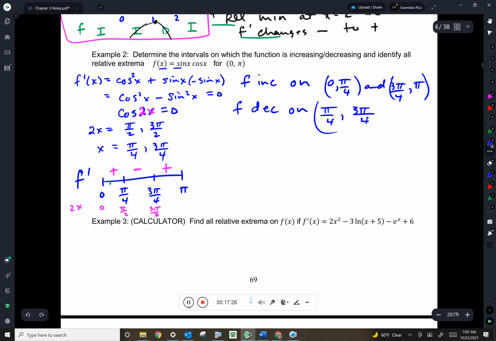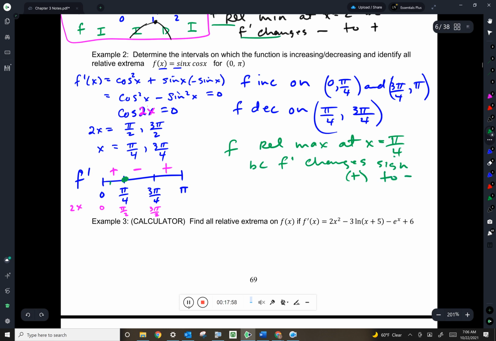Then I could say f is decreasing on the interval from pi over 4 to 3 pi over 4. Okay, what about relative max or min? Well, notice derivative changes positive to negative right here at pi over 4. So I'm going to say f has a relative max at x equals pi over 4, because that's a specific point where you have a specific maximum. And then I could go on to say because derivative changes sign, and you have to be specific, positive to negative.